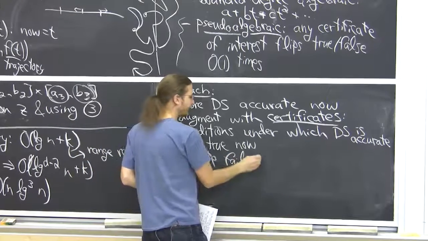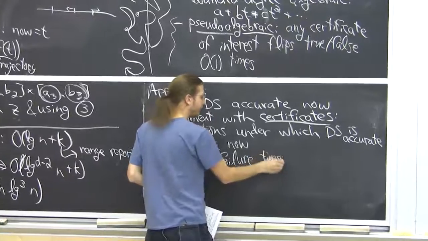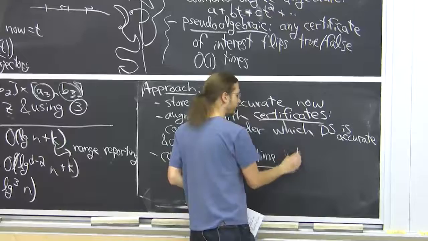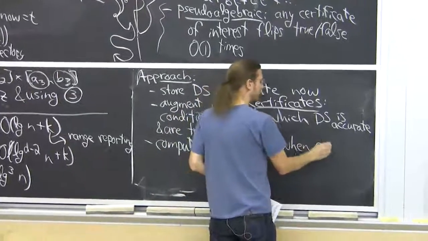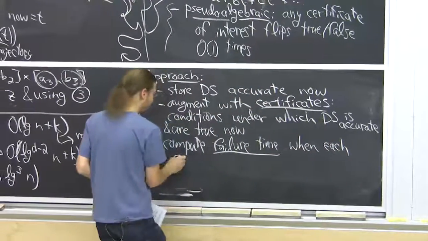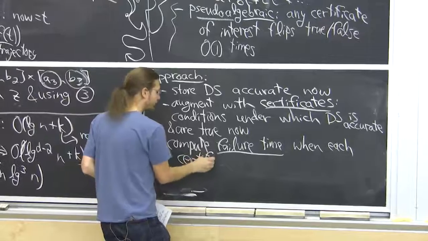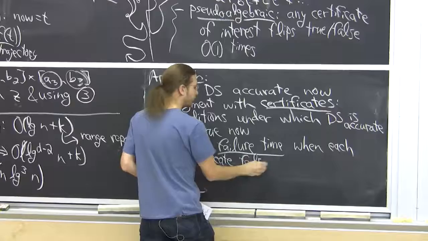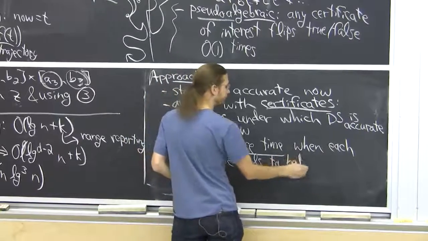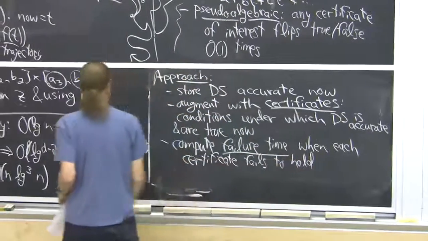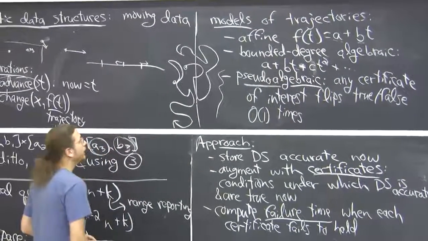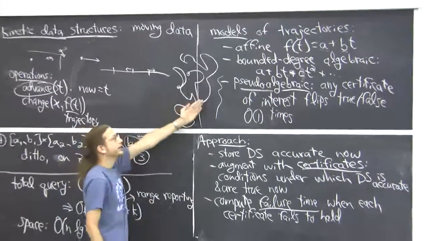Each of these certificates, you can figure out a failure time. So you have some certificate like this point is to the left of that point. And you just look ahead in time.